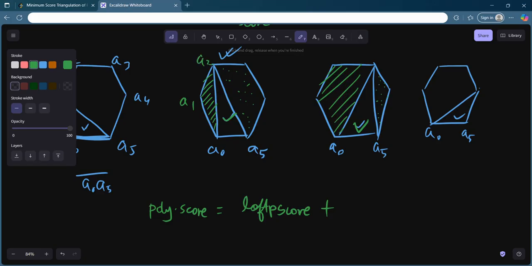Let me just mark them. I am considering this case for now, and it will be A0, A2, A5. This is the score formed by this triangle. You are selecting only one triangle. And plus you have this right polygon score.